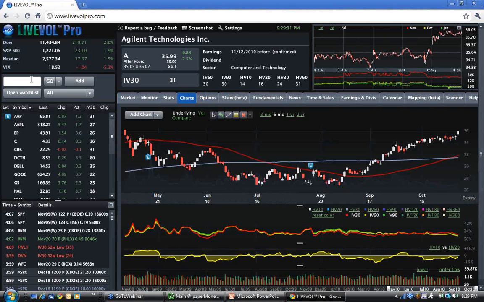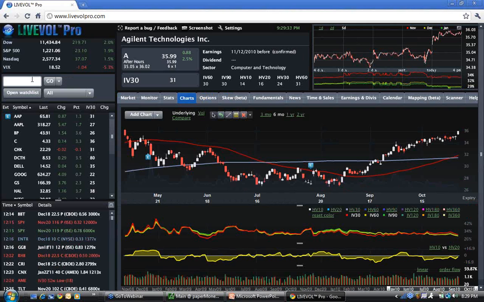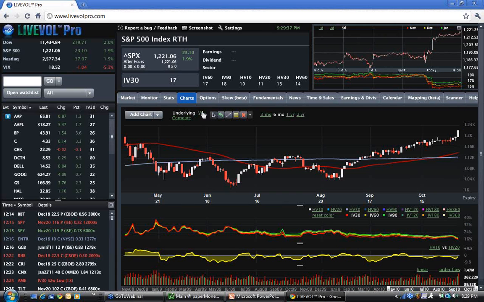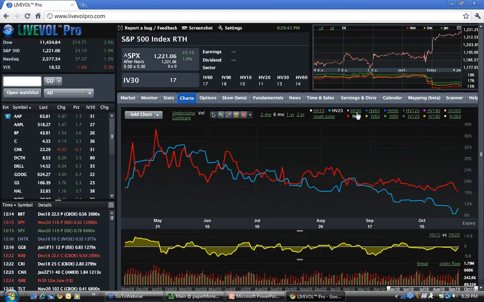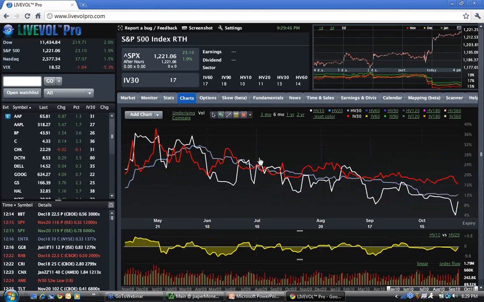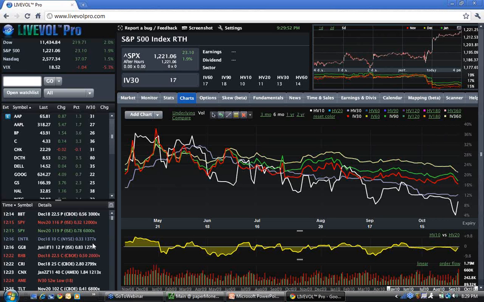So when I want to see a chart of the SPX, I'll look at 30-day implied volatility to 20-day historical, or 30-day historical, 10-day historical. And then I'll look at 90-day vol and 360-day vol.